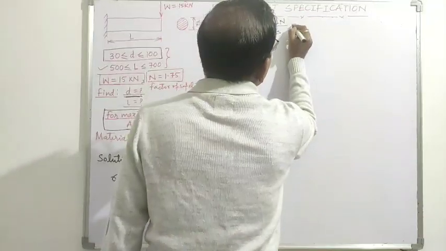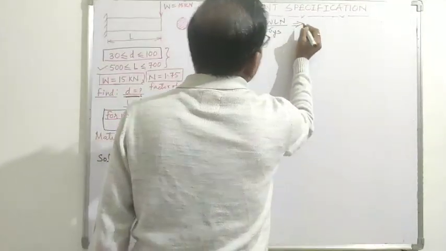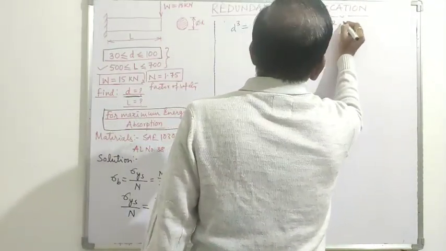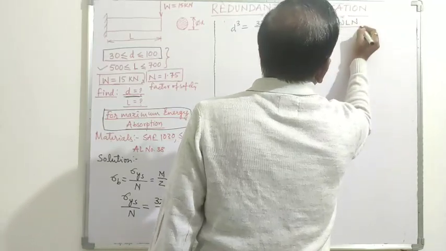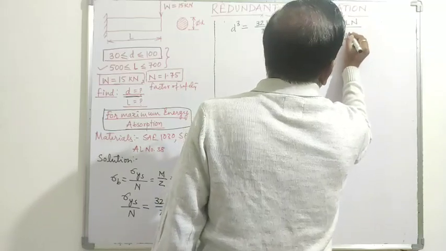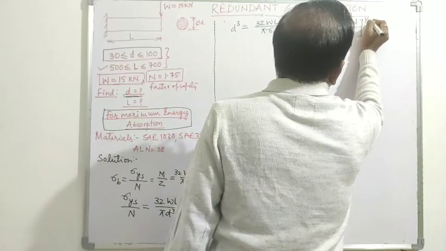And that is nothing but d equal to (32 WLn upon pi sigma ys) to the power 1 by 3.